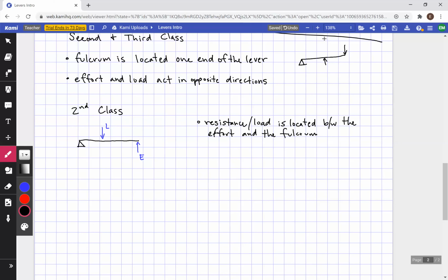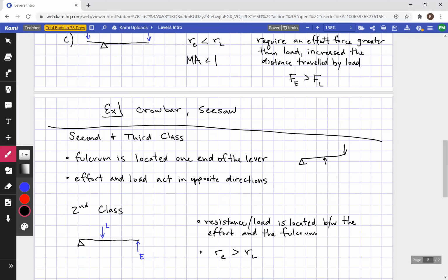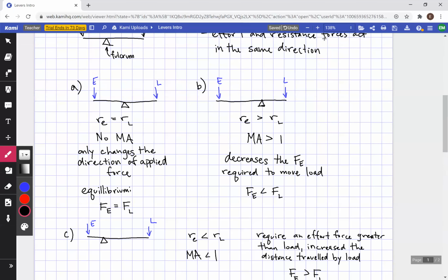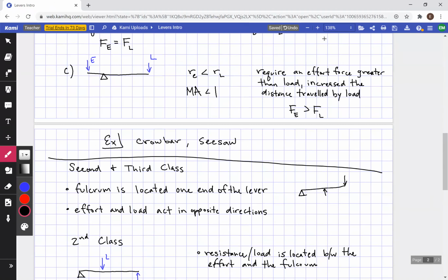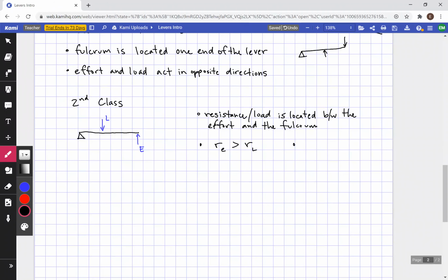For a second class lever, that means that the radius to the effort force is always going to be greater than the radius to the load. And just like what we saw in the last situation with first class levers, if the radius to the effort force is larger than the radius to the load, then we're going to have a mechanical advantage that's greater than 1. Okay?